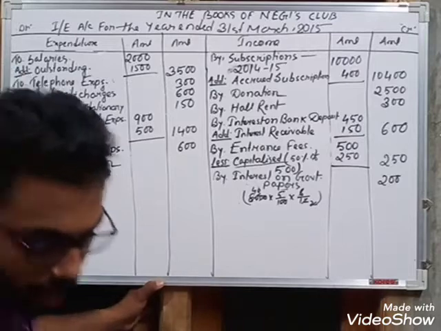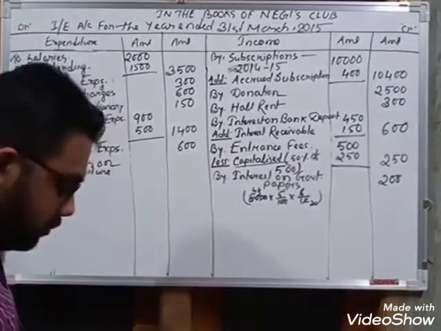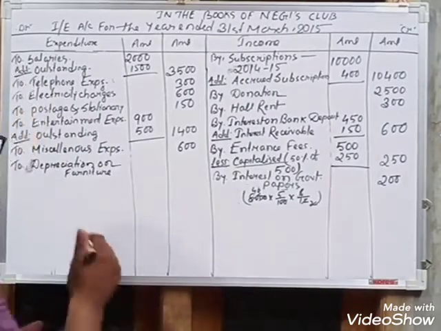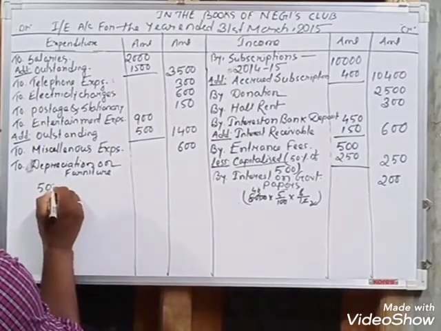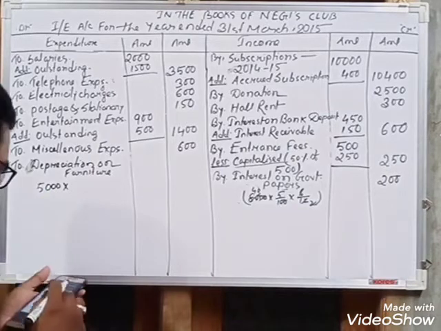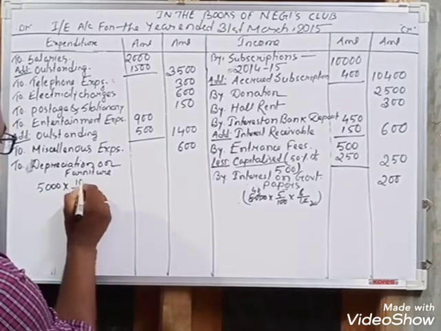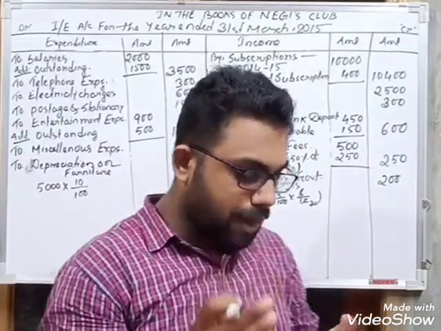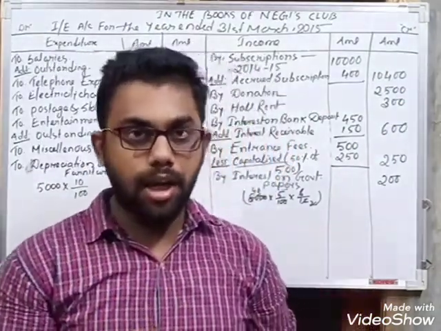So what is the amount of depreciation? Furniture amounted to rupees 5,000. 5,000 into 10 by 100. And is it for the whole year? No, because the furniture was purchased on 1st of July 2014.